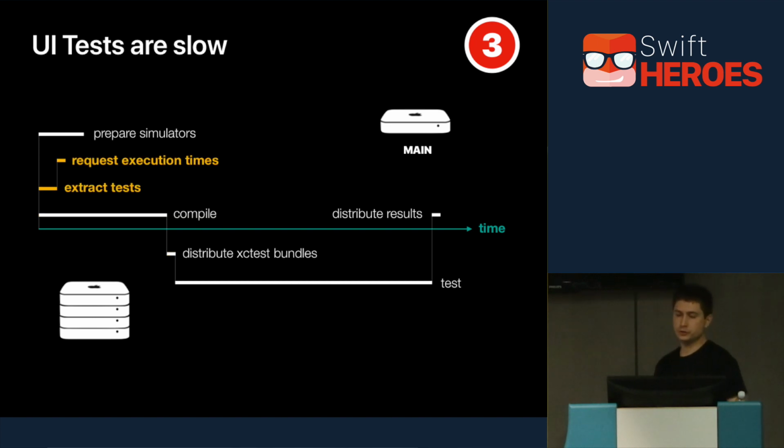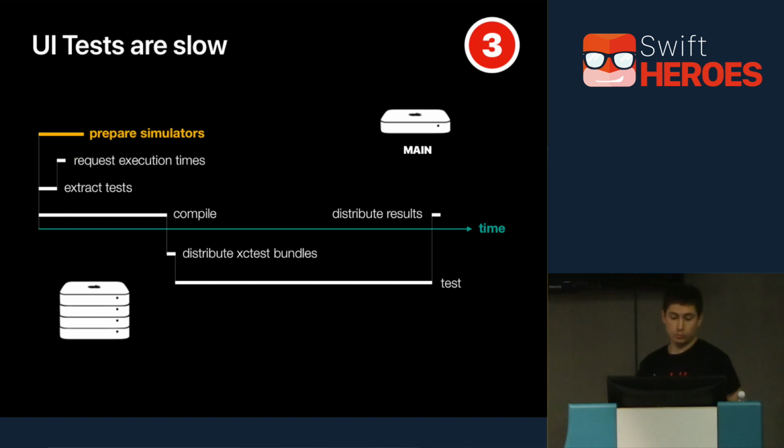Given that compilation takes some time, we'll also do a bunch of things in the meantime, like, for example, extracting the list of tests in our project. And for each test, we will request the average execution time from our test browser. This, of course, allows us to equally distribute the total execution time on each node.